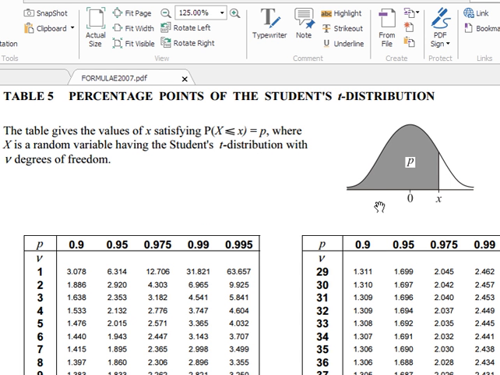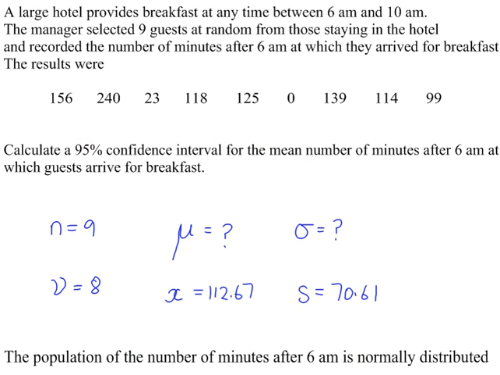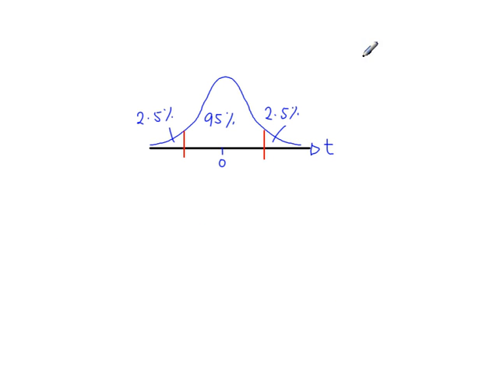In the probability tables, when working with the t distribution, we need to know the number of degrees of freedom, which is n-1. So we have 9 minus 1, 8 degrees of freedom. So for a 95% confidence interval, the cumulative probability to the left of this line is 97.5%.